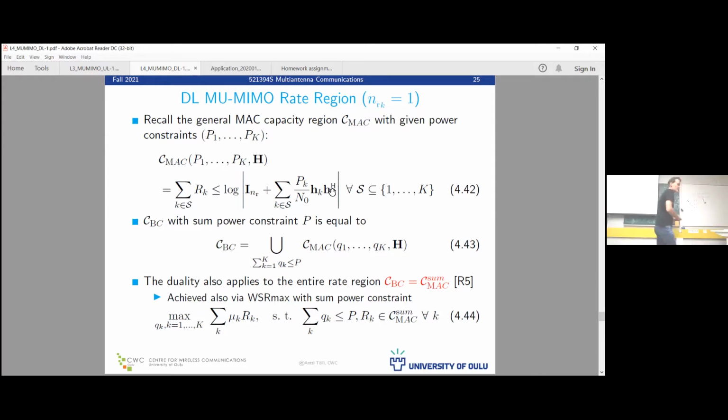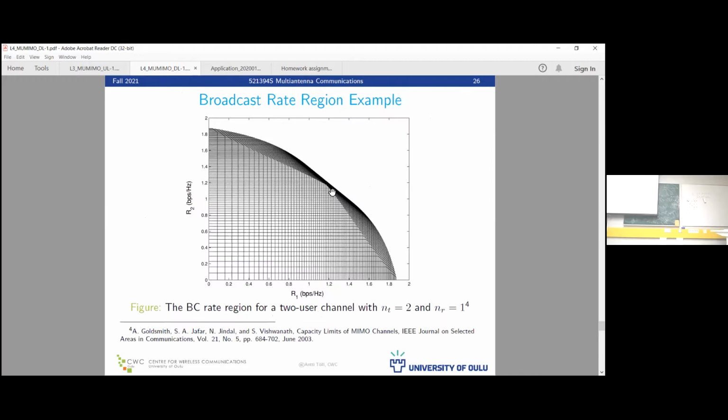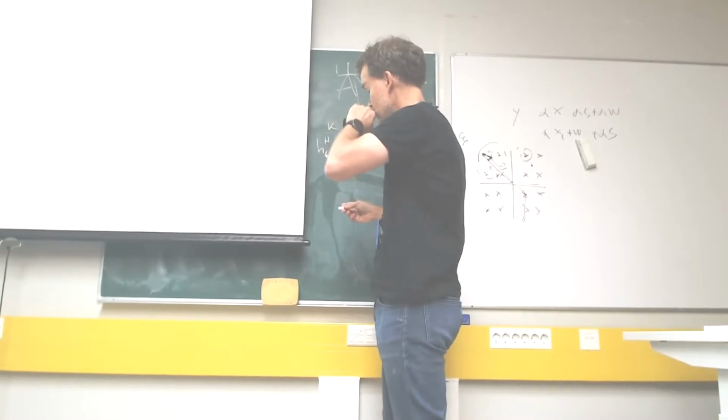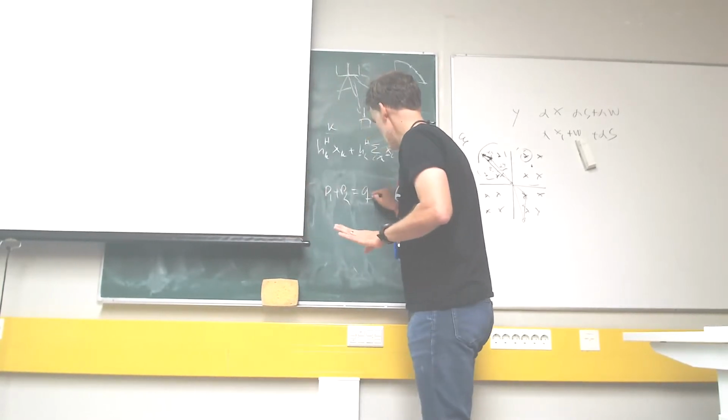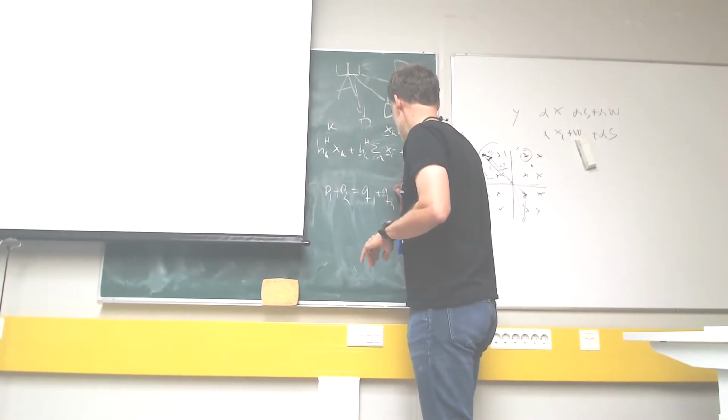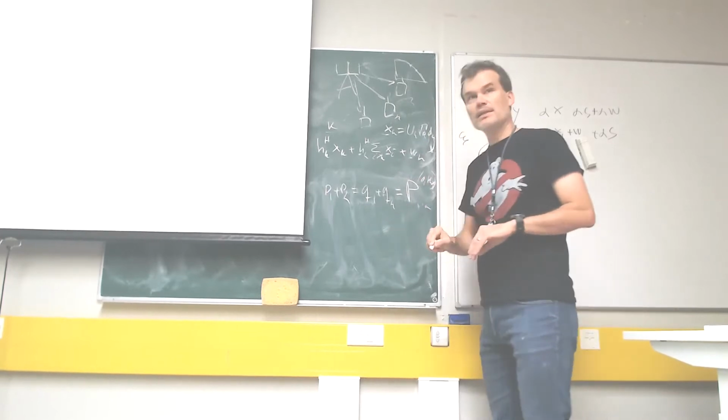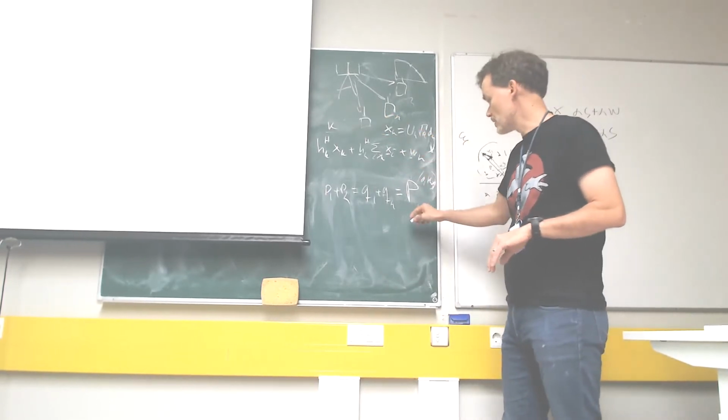All right. So this is actually the simplest possible case. When we have 2 users, you don't even have to solve anything, because going through all the combinations with a fine enough grid is doable. Let's say we have 2 users, so P1 plus P2 equals Q1 plus Q2 is capital P, which I think is 1 in this particular case.